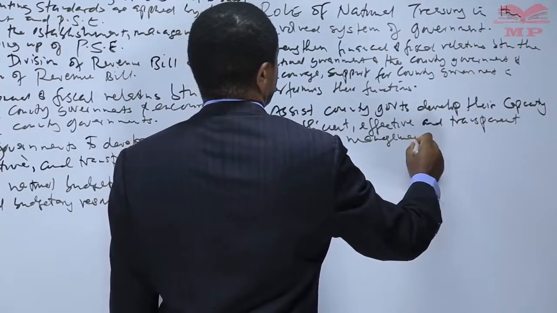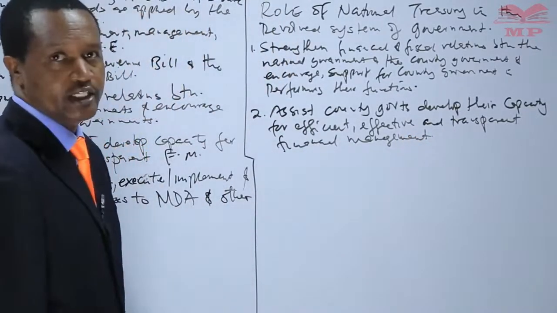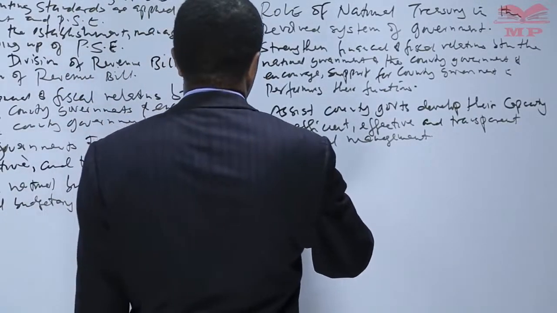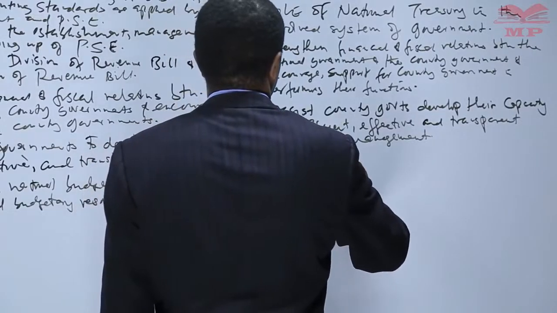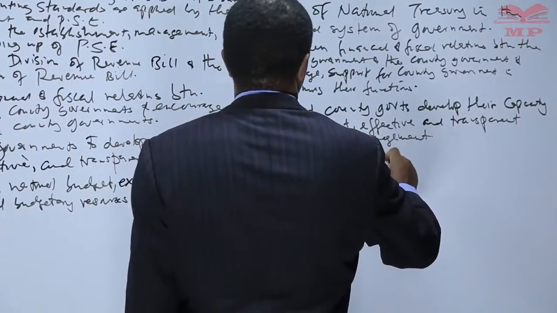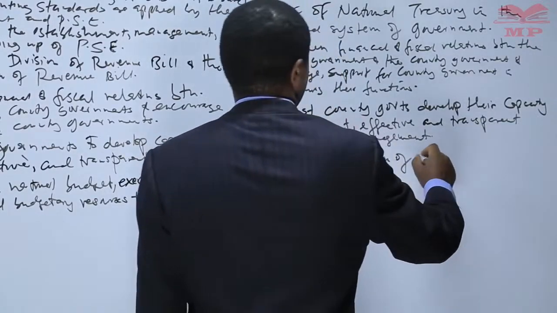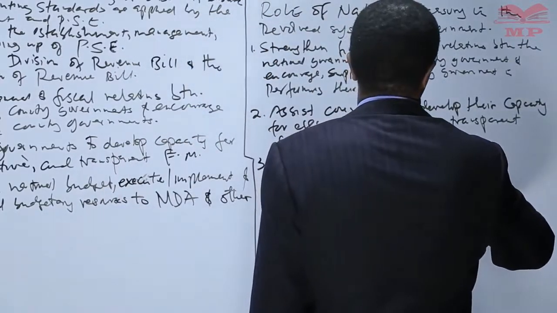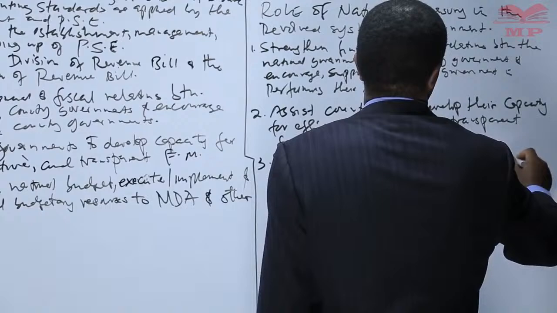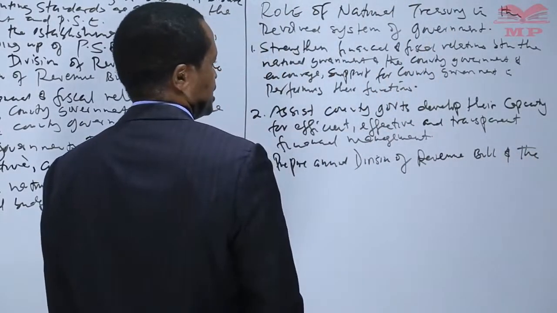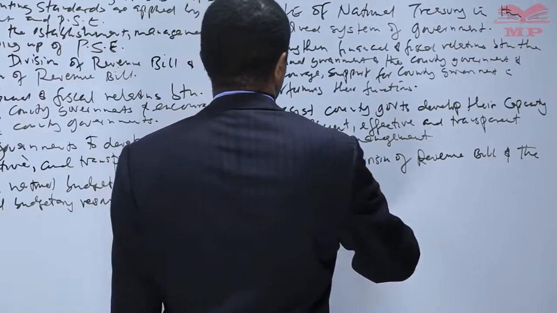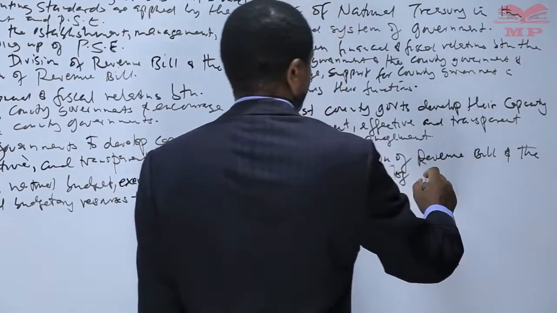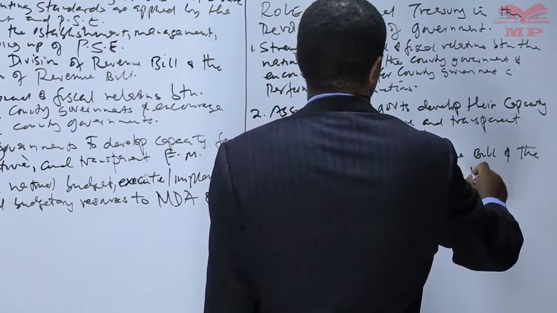Candidates, role number 3 is to prepare the annual Division of Revenue Bill and the County Allocation of Revenue Bill.